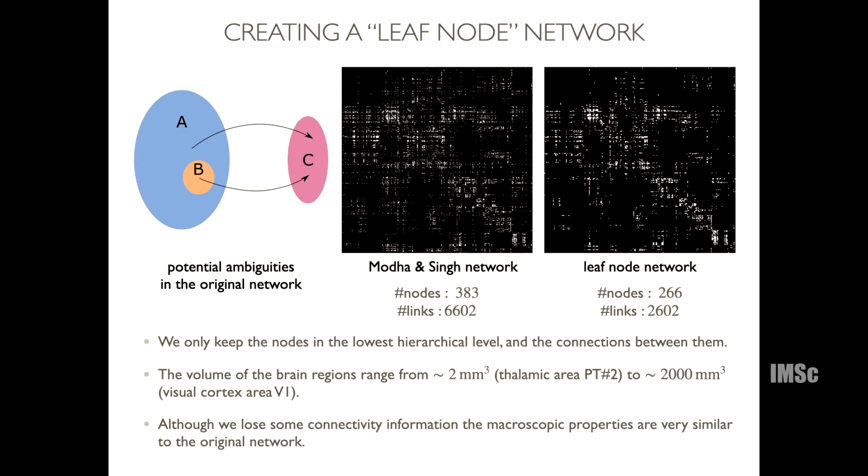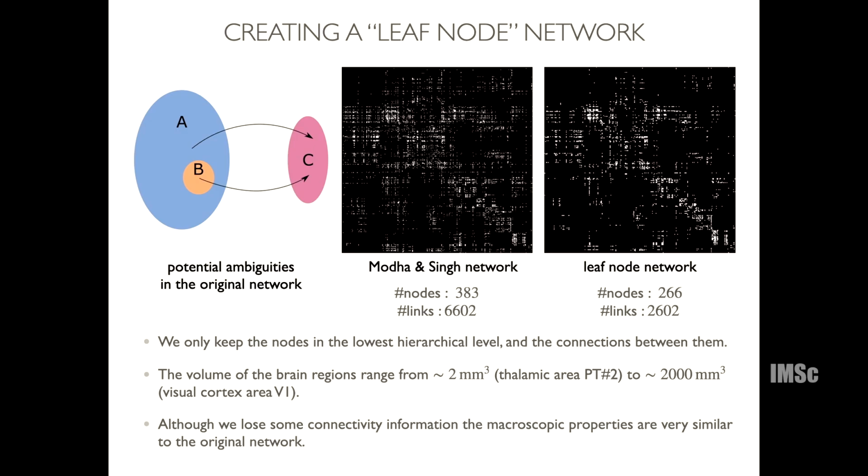The other thing that I just want to mention before leaving this slide is that for these brain regions, we did an independent analysis of each of the brain regions in what we call the leaf node network. We say these are the leaf nodes because if you consider a tree with branches, at the very end you just have the leaves.